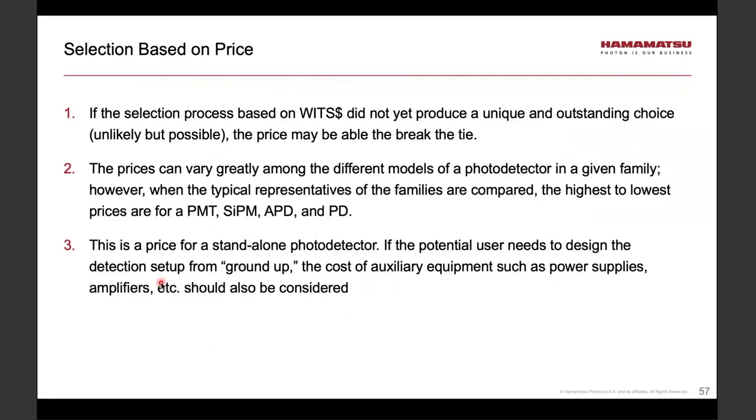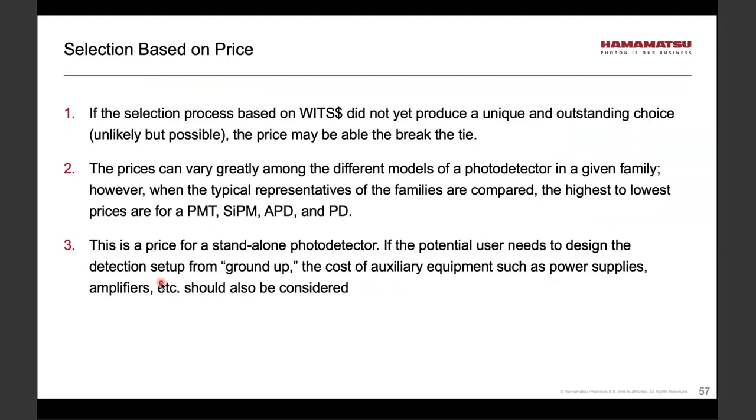Finally, if you consider all these considerations and you still have a choice between PMT, SiPM, APD, and photodiode, maybe the price can break the tie. This is, by the way, unlikely, but suppose that you've reached this point.